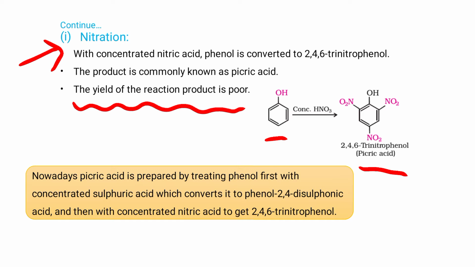Sometimes in exams a question comes: convert phenol into picric acid, then we will follow this reaction. Or the question may be asked as how we can prepare picric acid. So this is about nitration.